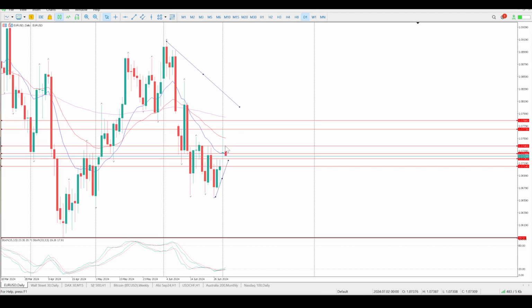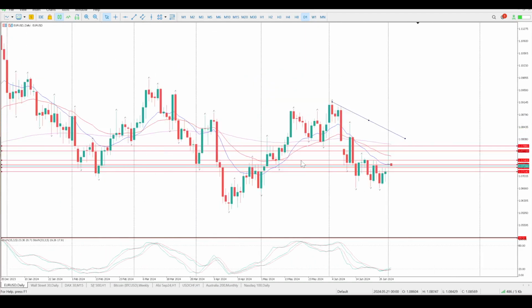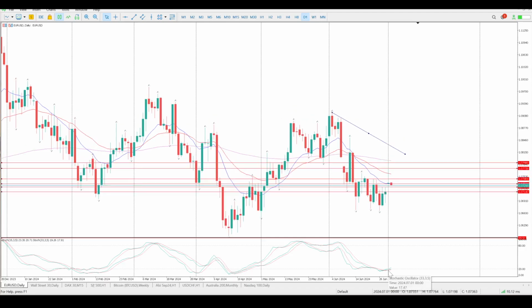You can see this massive rejection bar on the daily, so I suppose we should be favoring the downside. We've got a cross over the moving averages here, but the problem is you've got so much resistance and support to the left. And if you look at the daily oscillators, we're really oversold at the moment, so I'm a bit reluctant to be chasing that right now.